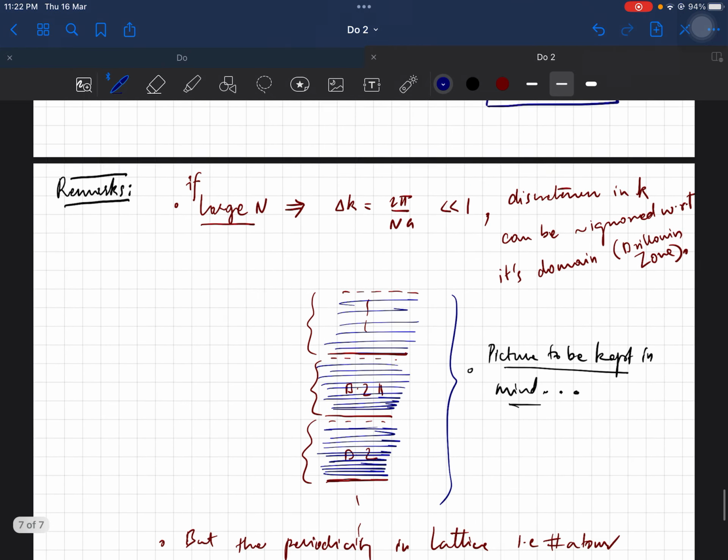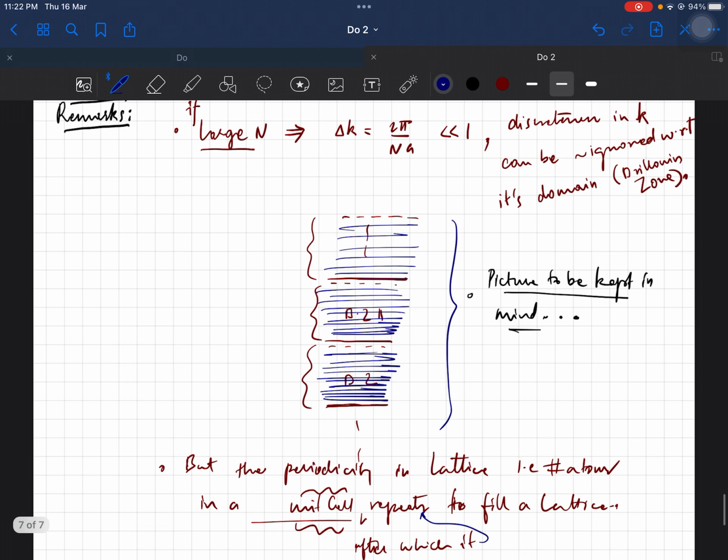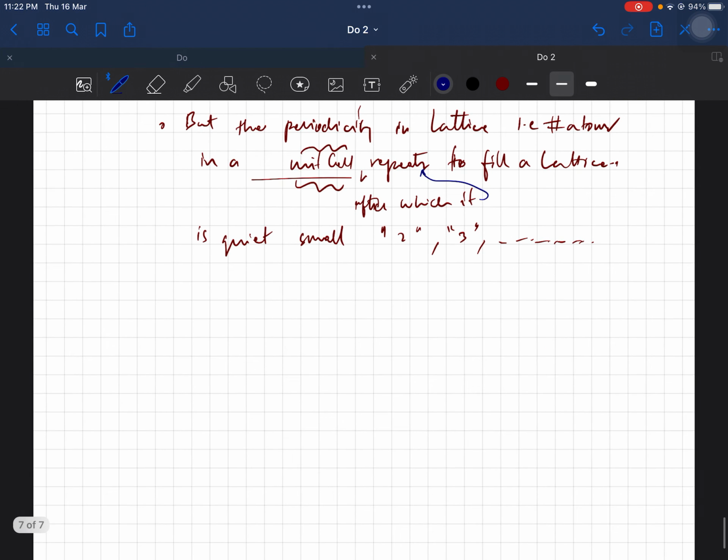Anyhow, we'll proceed further, assuming physically it's quite reasonable. Let's take FCC, face centered, where capital N is just 2. So the large N approximation is just bullshit.